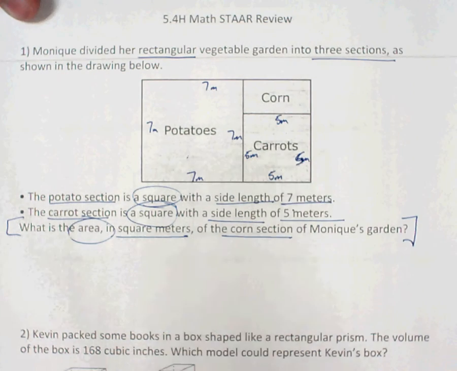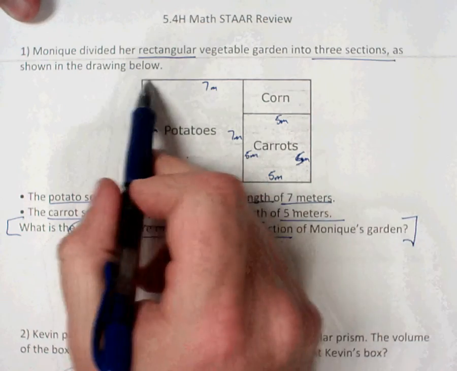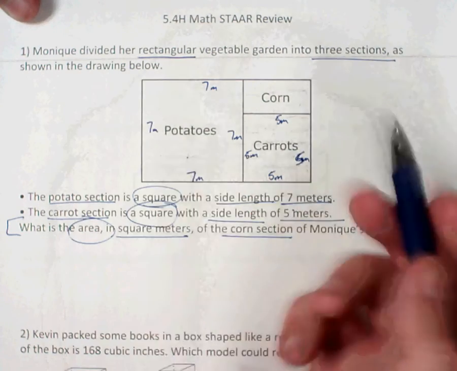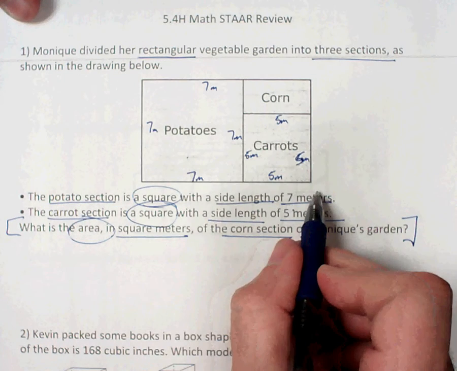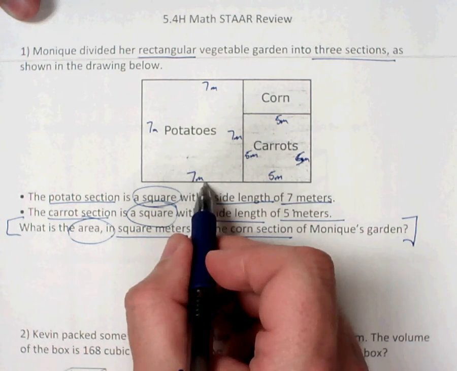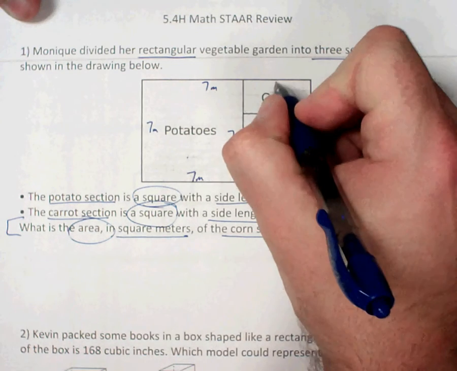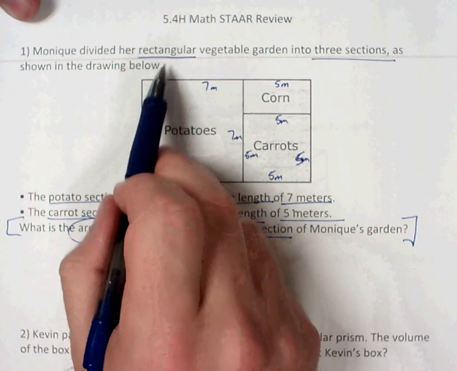Now, what I can get from the corn section is because this is a rectangle, I know that this side length is the same as this side length. So because I know that, I've got 7 meters here and here, which means this side up here has to be 5 meters because this section down here is 5, because it tells me it's a rectangular garden.